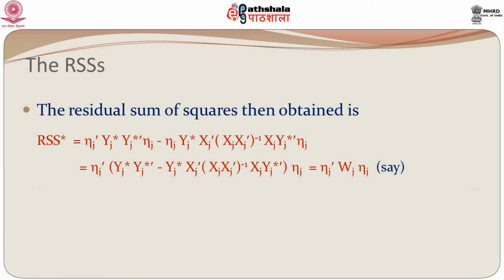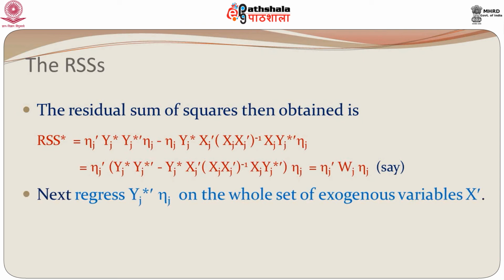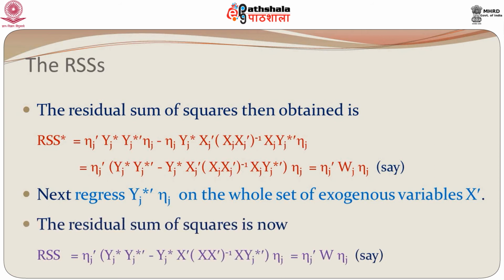Alternatively, if we regress Yj star eta j on the whole set of exogenous variables, not only on the given set xj, then we can again recalculate the OLS and hence the RSS, and we get eta j prime w eta j as our RSS now. So, the difference between the two RSS is only in the w. One is wj, which is based on the xj's, and the other is w, which is based on all the x's.